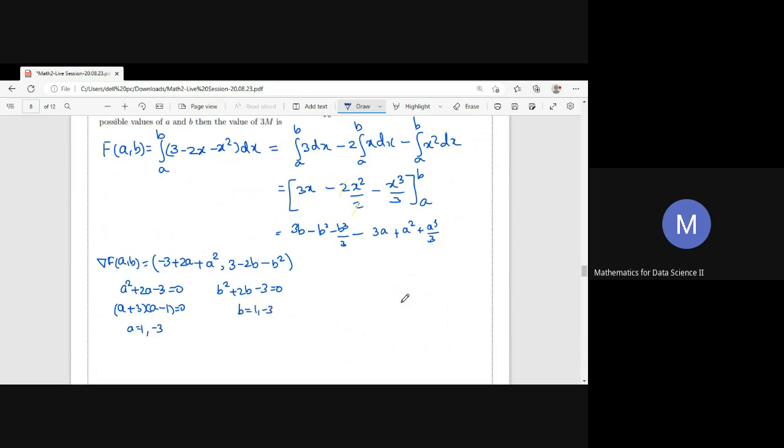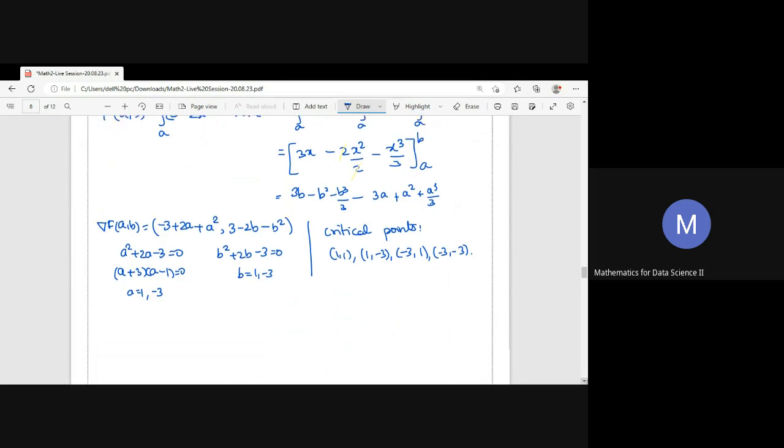So what are the critical points then? (1, 1), (1, minus 3), (minus 3, 1), and (minus 3, minus 3). So you have 4 critical points now.